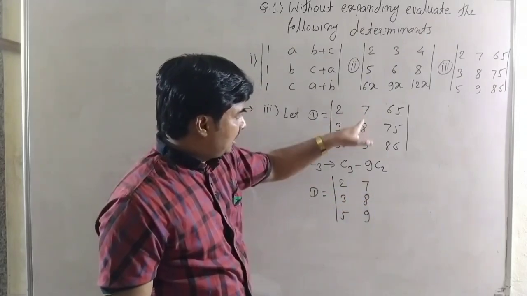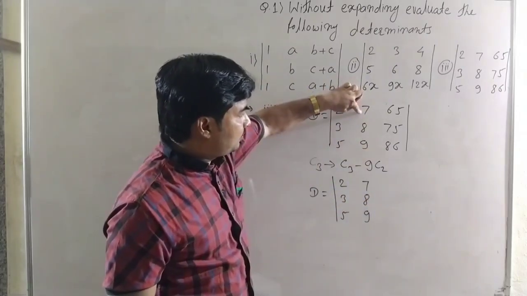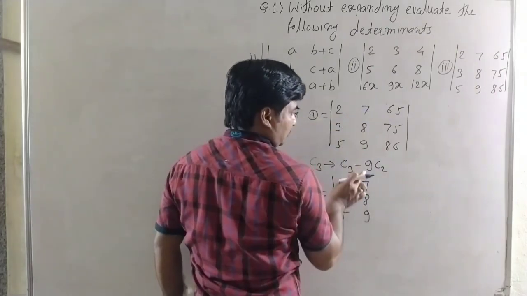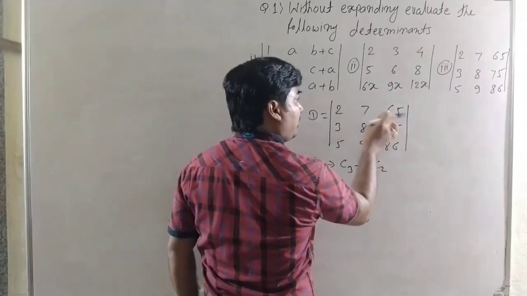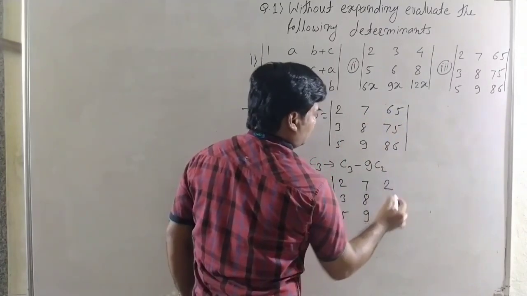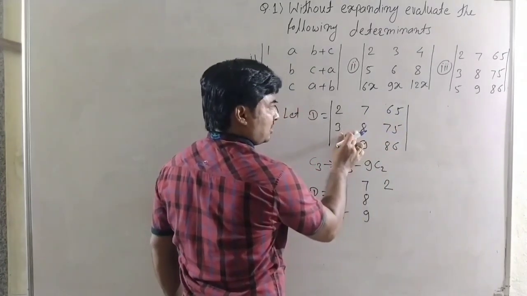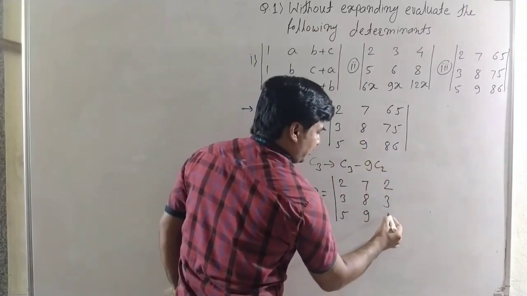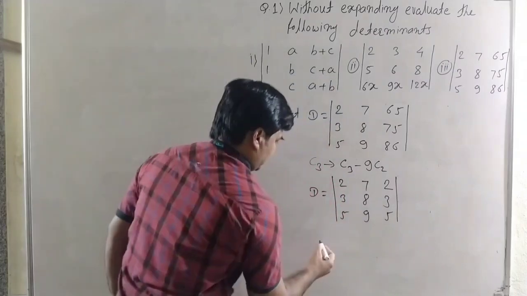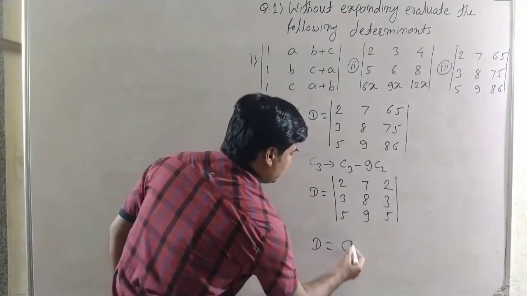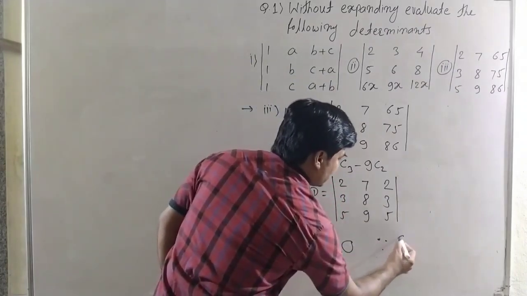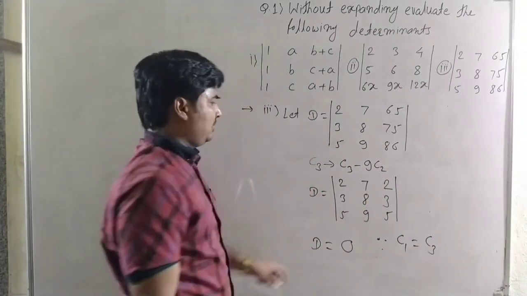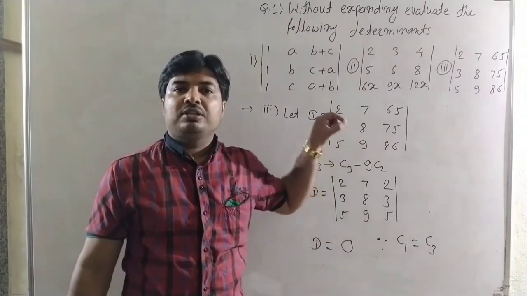Multiplying by 9, we get 63, 72 and 81. Here 9 into 7 is 63, 65 minus 63, we get 2, 75 minus 72, we get 3, 86 minus 81, we get 5. And here, the value of the determinant is 0, because column 1 and column 2 are the same.